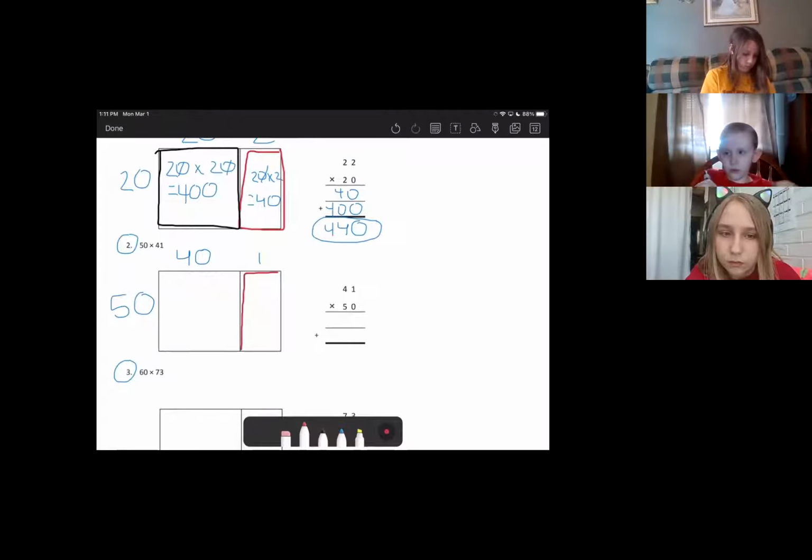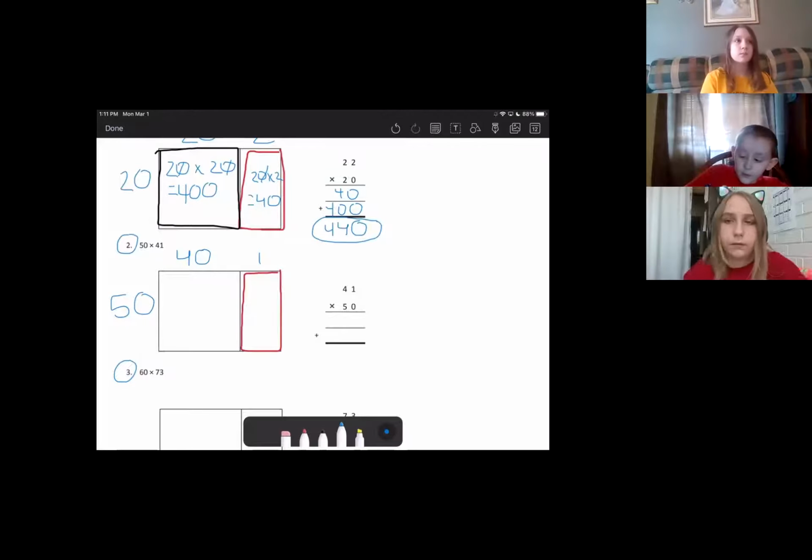All right, Zoe, how am I going to find the area of my red rectangle? You're gonna find the area by multiplying 40 times 1. 40 times 1? What's the width of my rectangle? The width of your rectangle is 50.